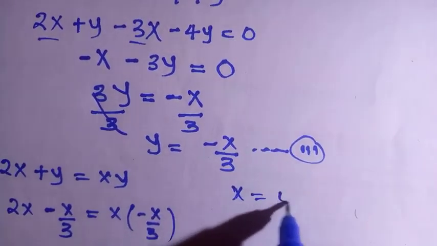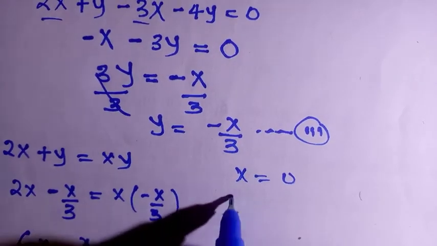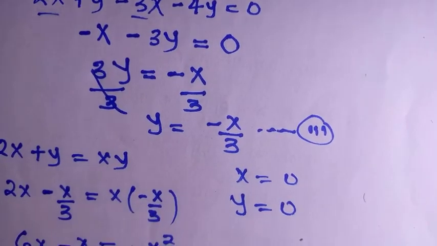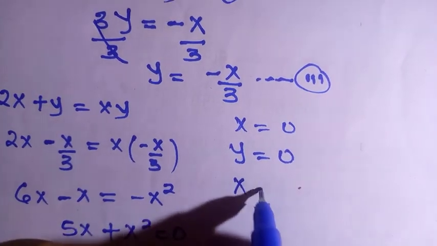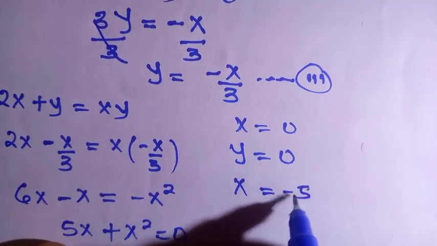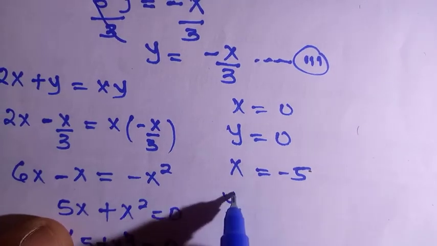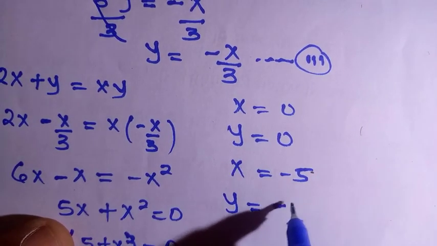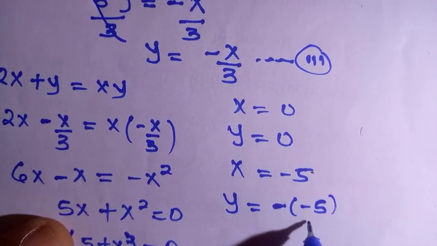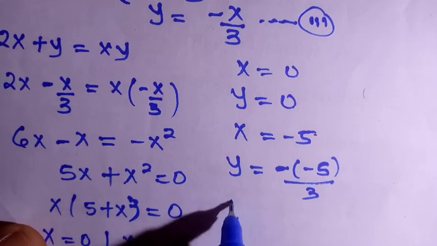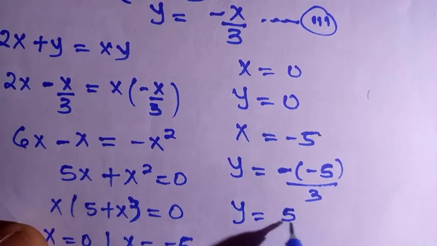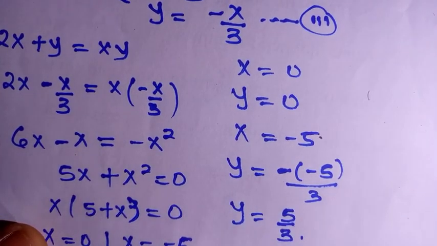To get y, when x equals 0, then y also equals 0. And for the second one, when x equals negative 5, y will be equal to negative times negative 5 divided by 3. Negative multiplied by negative is positive, then we have 5 divided by 3.